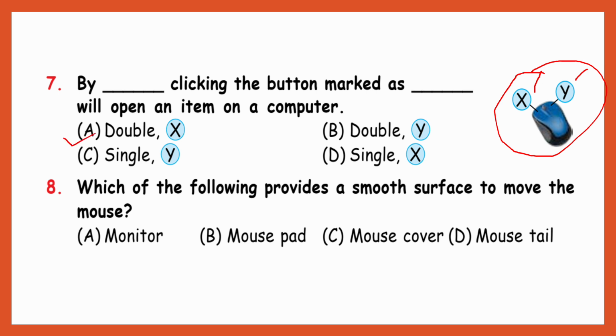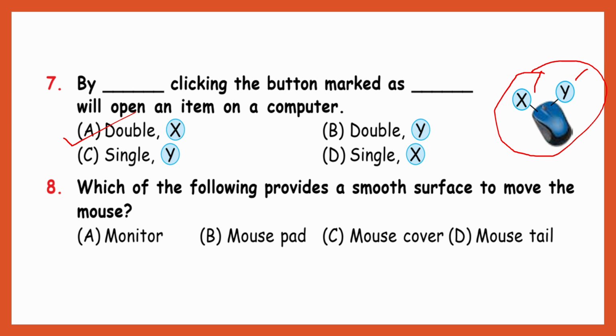Answer A. By double clicking the button marked as X will open an item on a computer. Here X is the left mouse button and Y is the right mouse button.